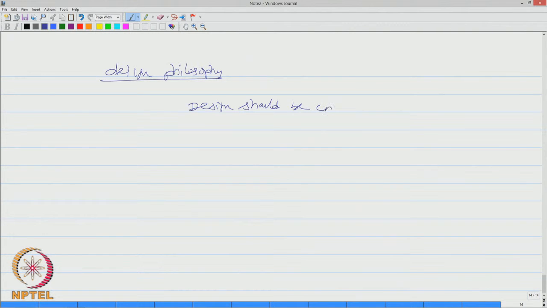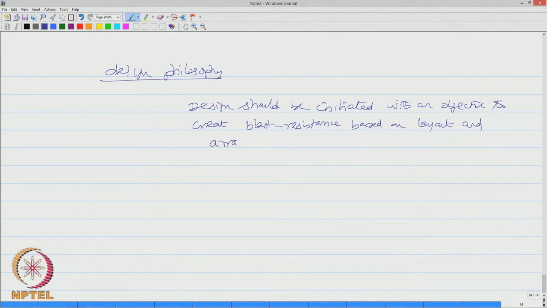Design should be initiated with an objective to create blast resistance based on the layout and arrangements of structural members, plants and equipments, etc. So, the focus is the design should start with an appropriate layout and arrangement of members.